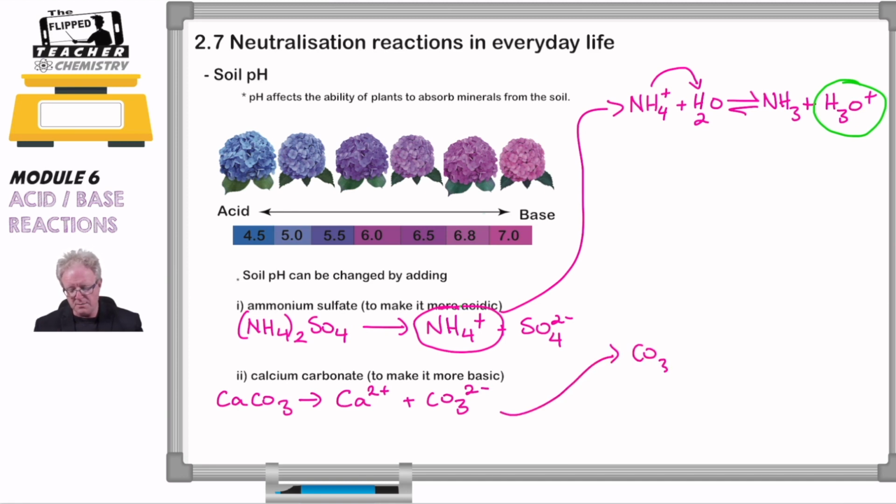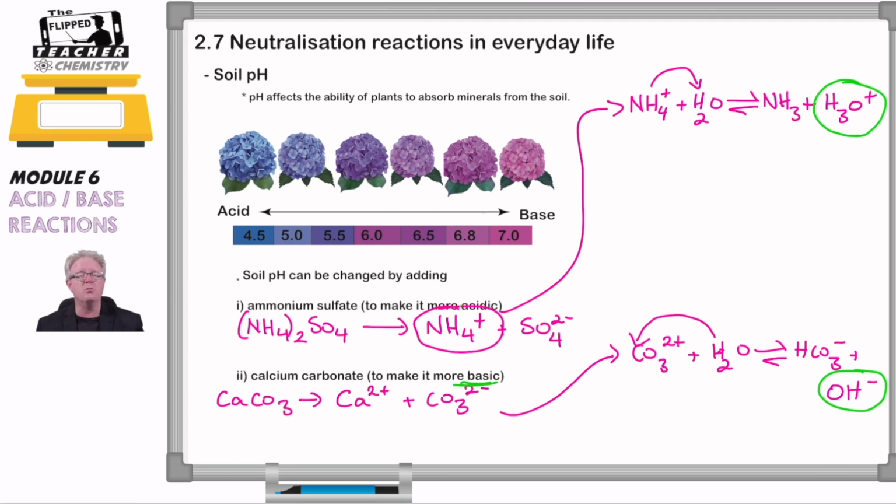So you have some carbonate, we've got some water, and then an H plus comes from the water, joins onto the carbonate, and so then we end up with HCO3 minus plus OH minus, right? Because once you lose that H plus there, we have OH left. And so there is our OH minus ion that makes it more basic.